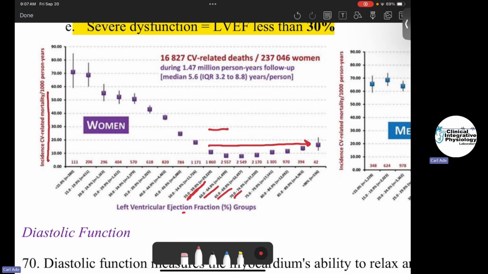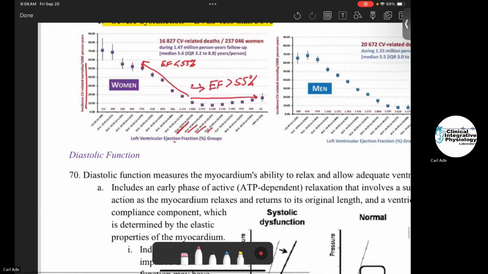So everything in that direction is an ejection fraction greater than 55%. And note that as we now get here, the risk goes considerably higher. Now our ejection fraction is less than 55%. You see the same thing with men.